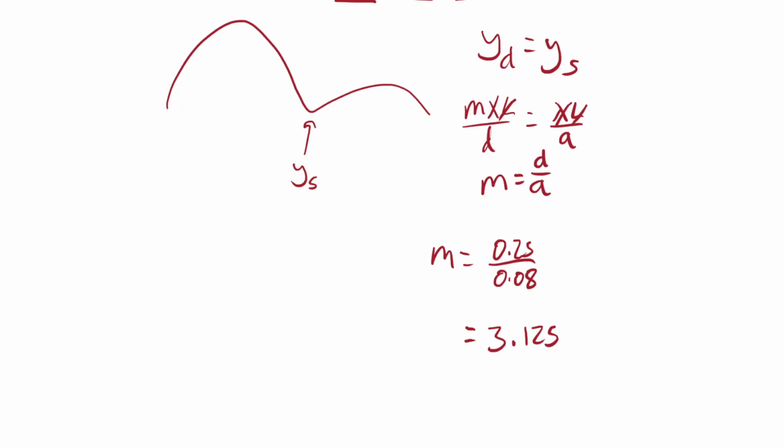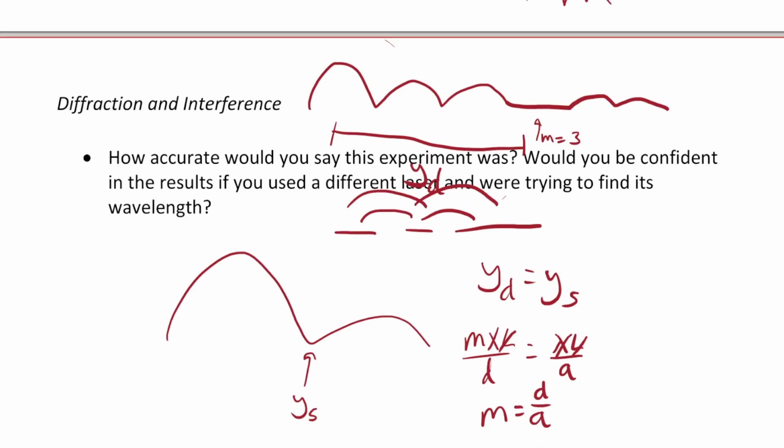I don't know. Don't quote me on that. But so m would be like 3.125, and so we saw this gap at m equals 3. So mathematically, we can show that it actually doesn't depend on the wavelength. So no matter what wavelength of light you put in, this gap will occur at the same m value. So the y value will change, but the maximum number will stay the same.